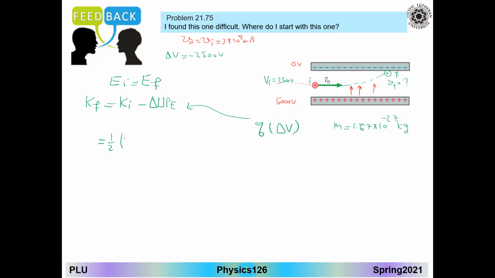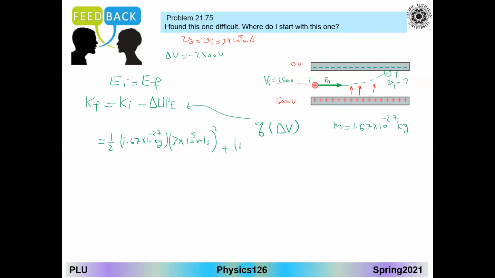That's my M. So here is half M V squared, I have my V, it will be 3 power to the 5 meters per second, and this one is going to be squared. This is the Ki, minus, and I have here a minus, so it's going to be positive.